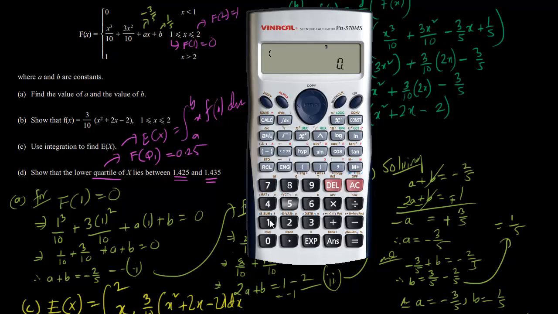So let's start with open bracket. So this is going to be 1.425 whole cubed divided by 10, close bracket, then plus again open bracket 3 multiplied by 1.425 whole squared divided by 10, close bracket, plus again open bracket minus 3 times 1.425 divided by 5, close bracket, and finally plus open bracket 1 divided by 5.